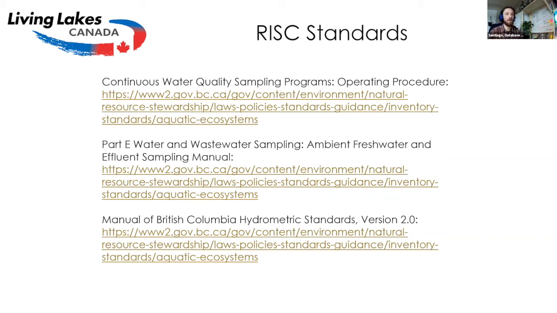Now looking into water quantity, what we have is a manual of British Columbia hydrometric standards. This manual is designed to guide different data grades and how to achieve and grade them: standards, station design and deployment, as well as stage measurements, discharge measurements, stream ratings and computations, and the process of how to review that.